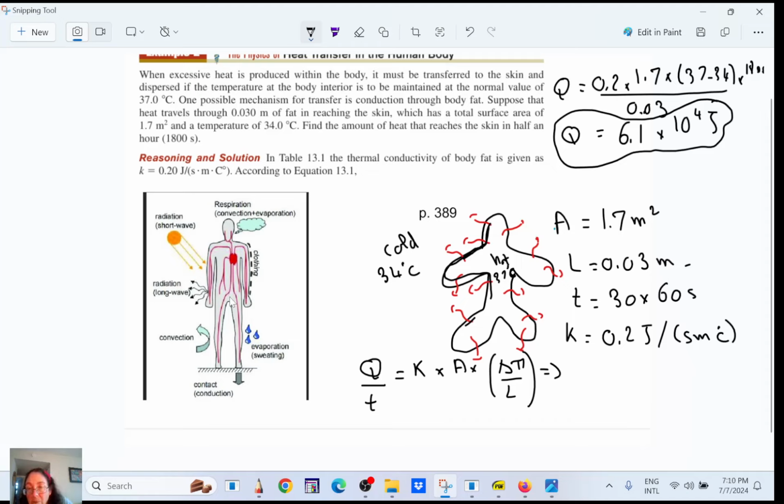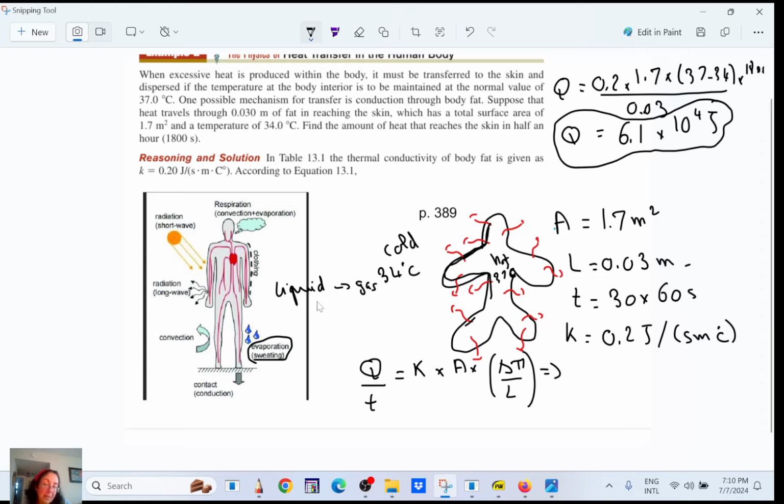So the body has a different way to get rid of the heat. Very important here is the sweat. The body pushes water on the outside. When water goes from liquid to gas, it's changing state, and it needs energy.